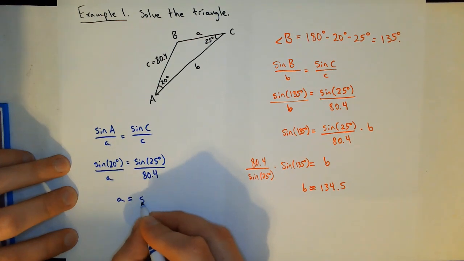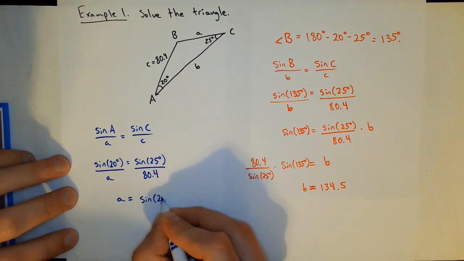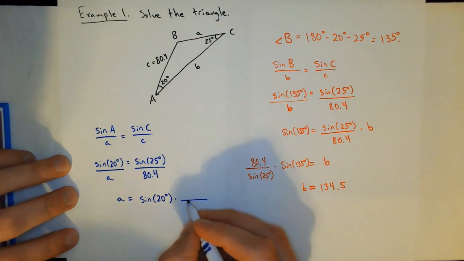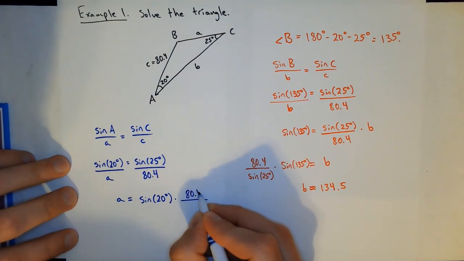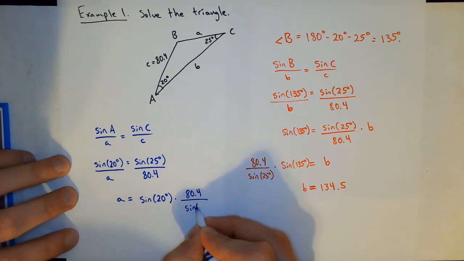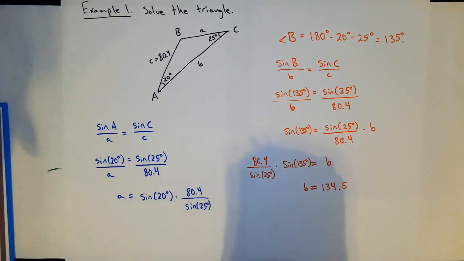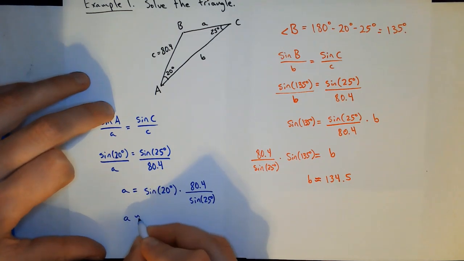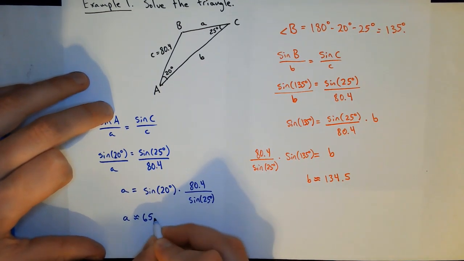And you should get a is equal to sine of 20 degrees times this fraction upside down, so 80.4 over sine of 25 degrees. And I'm getting approximately a is equal to 65.1.